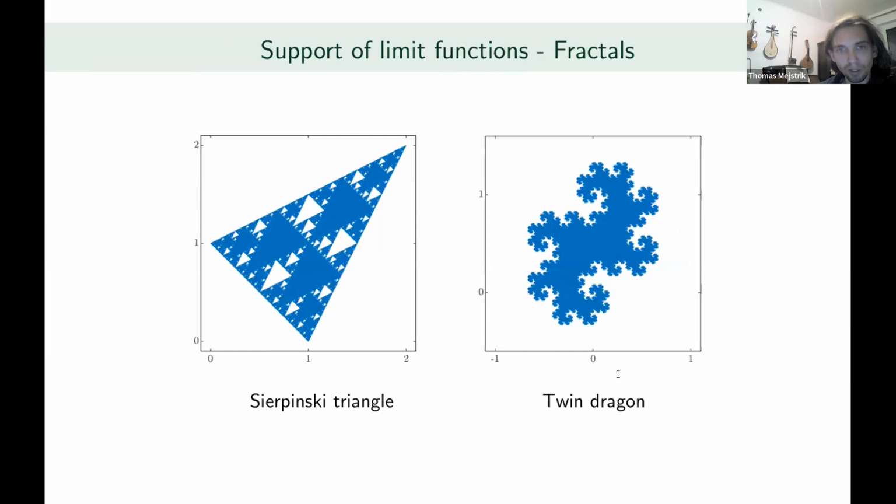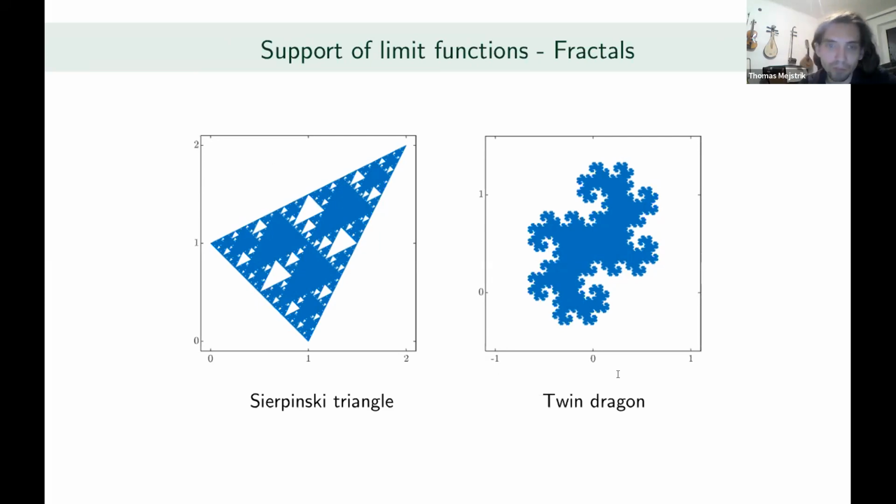That's not surprising because in subdivision we do the same thing all over again until we get something in the end, and so it's natural to expect some kind of self-similarity in the limit. And here we have the Sierpinski triangle and the twin dragon.